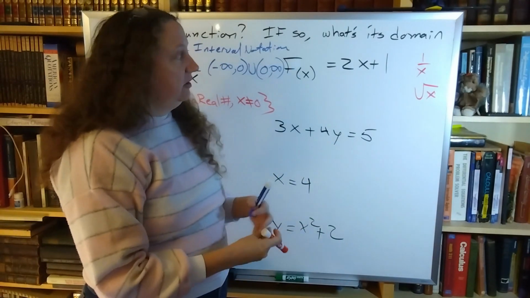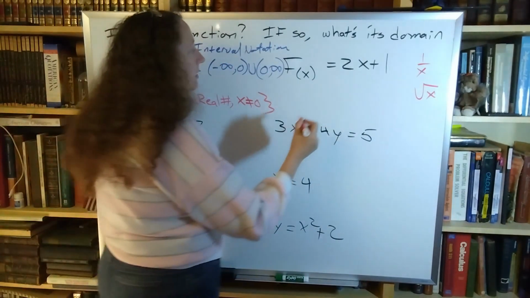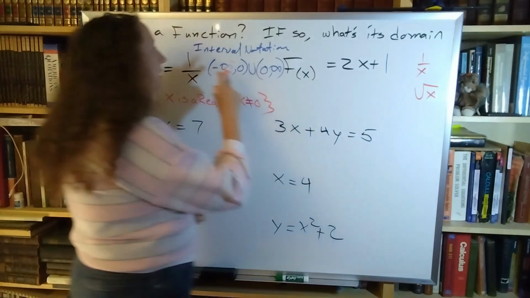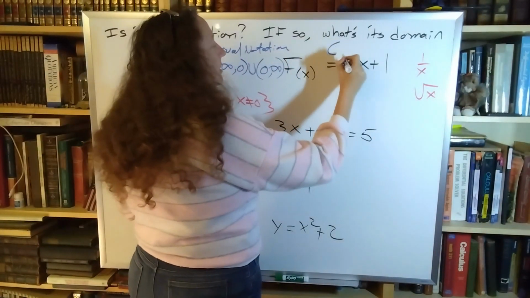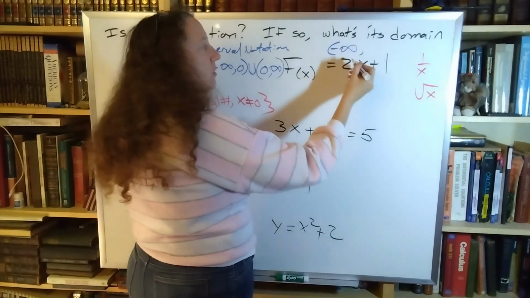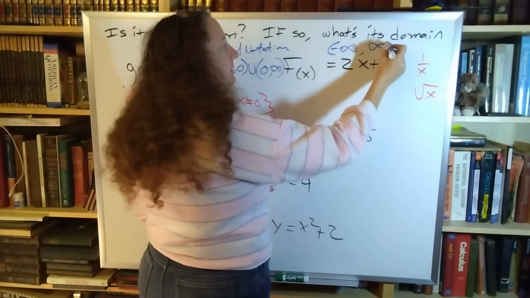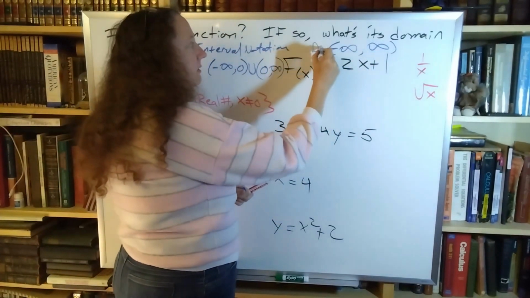No, not in this one. x can be any real number. So in interval notation, I would write this as open parentheses, negative infinity, all the way up to positive infinity, closing parentheses. And that is my domain.